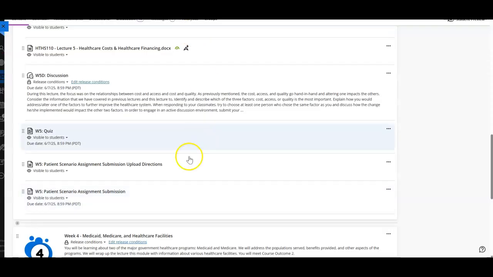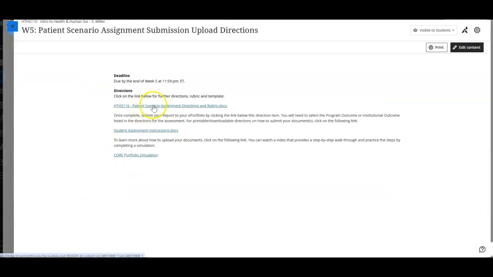So you've got your submission and then you're uploading it to your e-portfolio. Here under this link here, you've got the directions, and here's a link here for more information on how to upload, right?